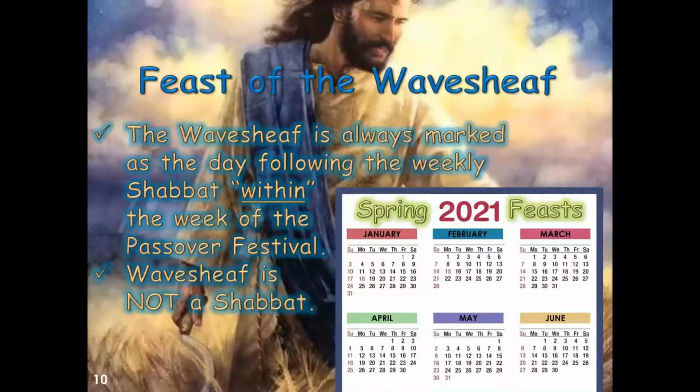Oh, okay. Wave sheaf has to be cut so it can be waved, right? But it's the Feast of Unleavened Bread. They were not allowed to touch the grain to make their unleavened bread before the wave sheaf was cut and given. The wave sheaf had to be done first, right?